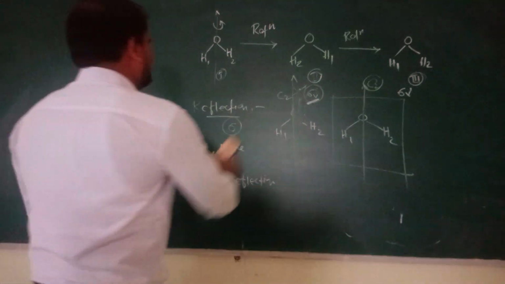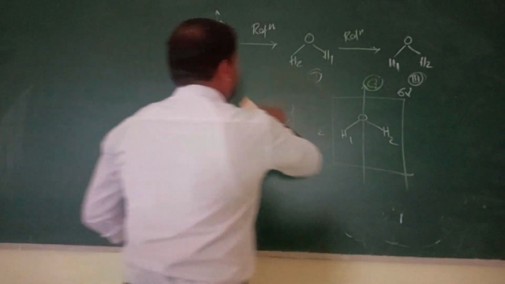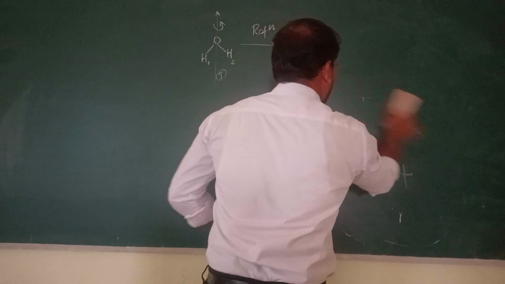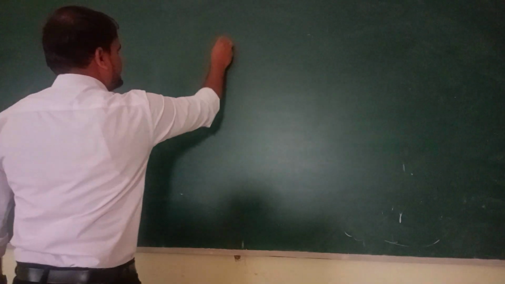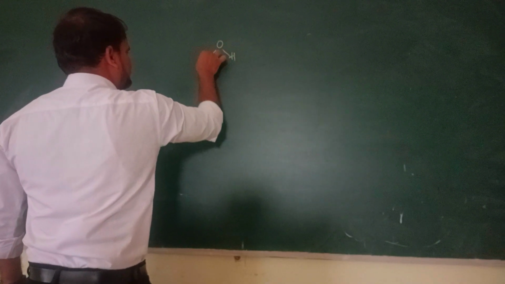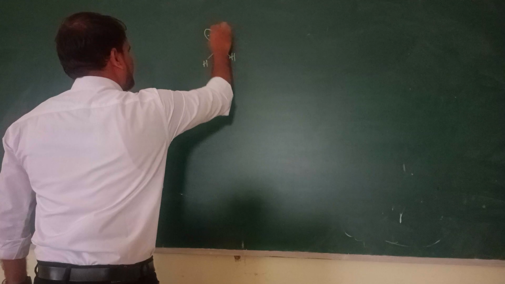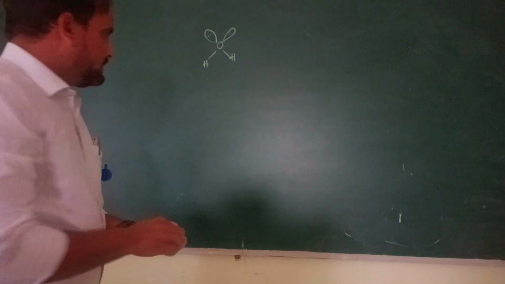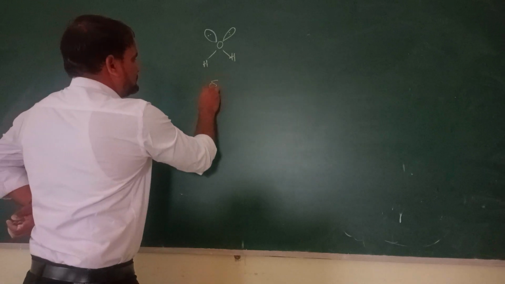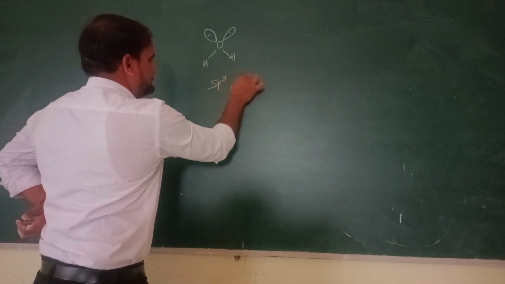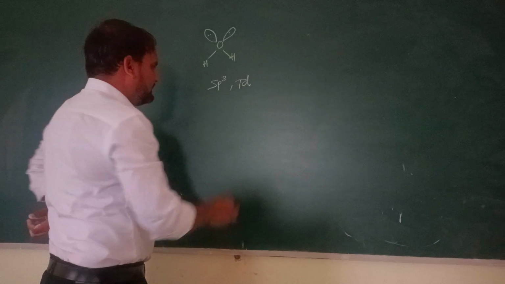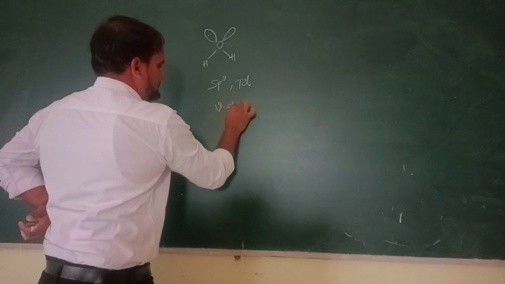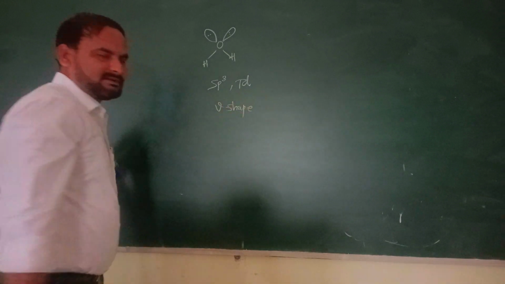So how many symmetry elements are possible for the water molecule? Now, this water molecule looks like this. It belongs to the sp3 hybridization. The geometry will be tetrahedral, but it is a V shape because the lone pairs are present.